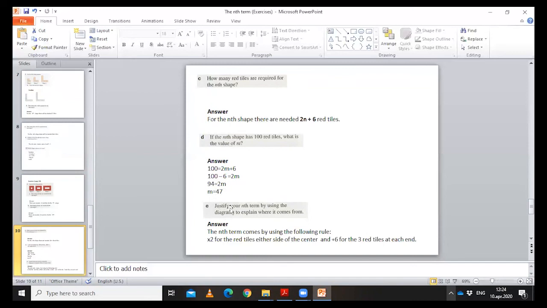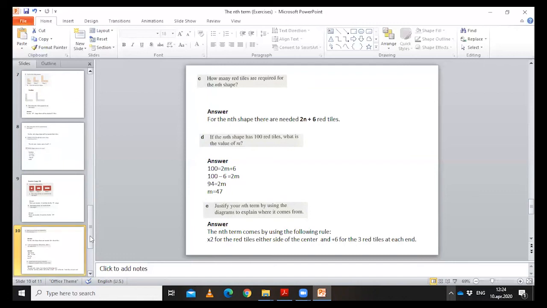E, justify your nth term by using the diagrams to explain where it comes from. The nth term comes from the rule times 2 for the red tiles on either side of the center, and plus 6 for the 3 red tiles at each end.